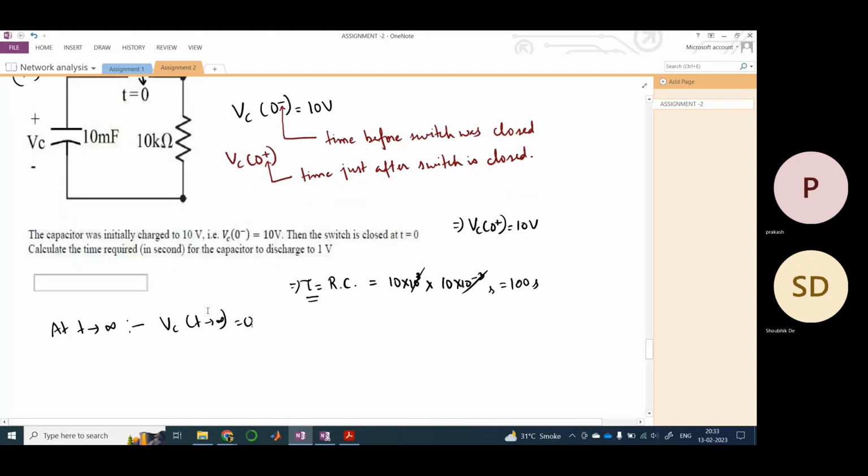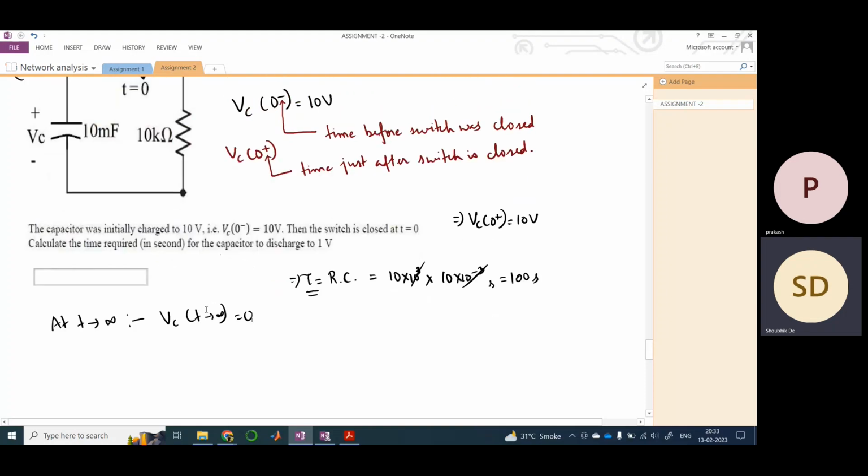So using this, as you can see, the voltage across the capacitor would exponentially decrease with the time constant of tau. Therefore, we can write the expression of this Vc(t), right?